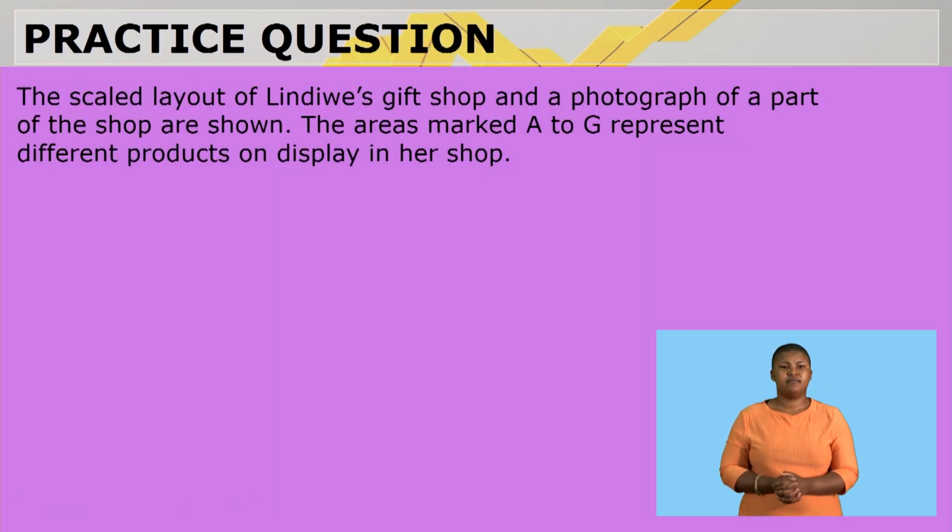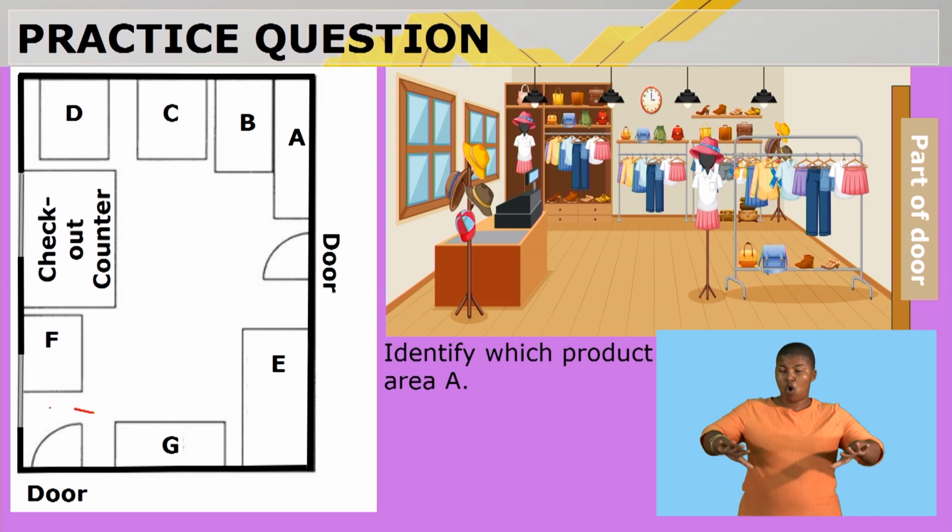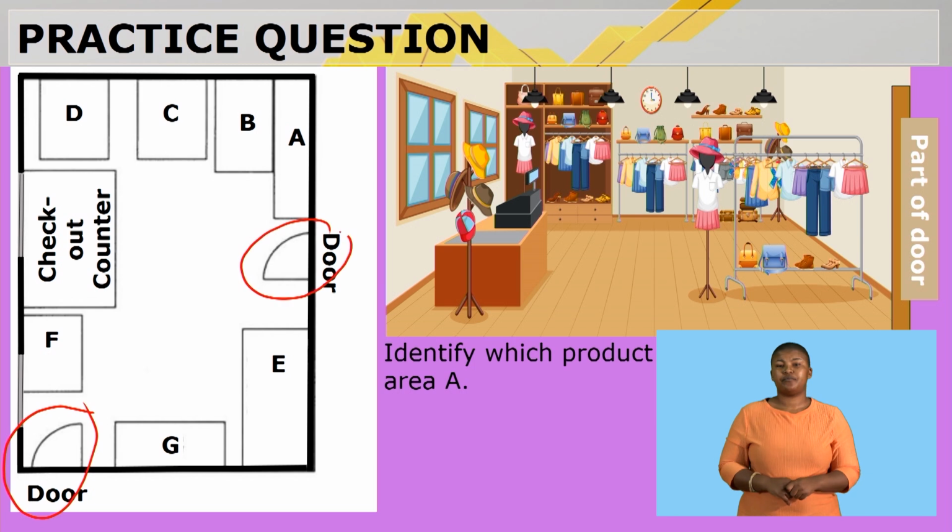The scaled layout of Lindiwe's gift shop and a photograph of a part of the shop are shown. The areas marked A to G represent the different products on display in her shop. Let's quickly look at the floor plan. Now, you can see there's 2 doors on the floor plan and the checkout counter.